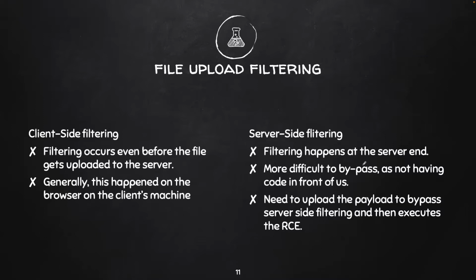As per the filtering present on the server side, we have to modify our payload to bypass it and then execute the remote code execution. Sometimes one payload might work in one situation, but the same payload might not work in another case, because server side filtering is more like a blind side, since we do not have the code in front of us. That's why it takes a little more effort to bypass server side filtering.